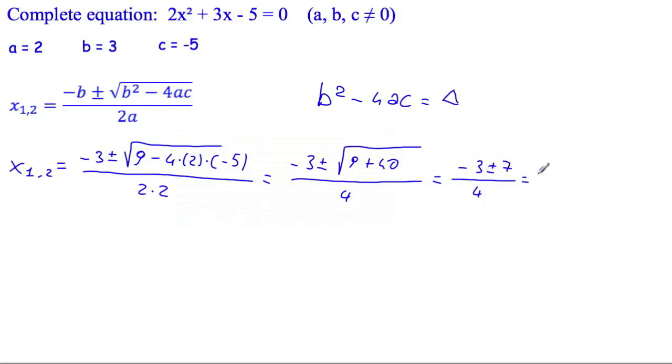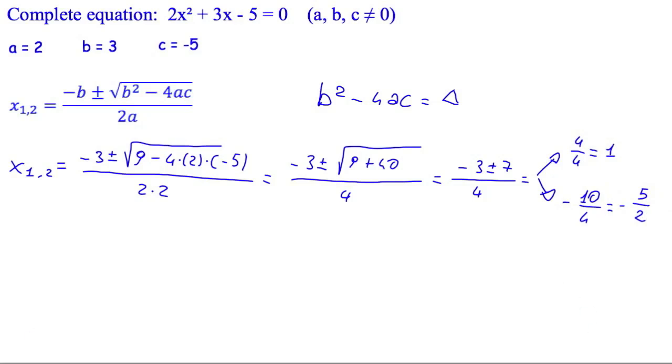Negative 3 plus 7 is equal to 4, and 4/4 is 1. Negative 3 minus 7 is equal to negative 10. Negative 10 divided by 4 is negative 5/2 in simplest terms. In this case, we have come to two real solutions.